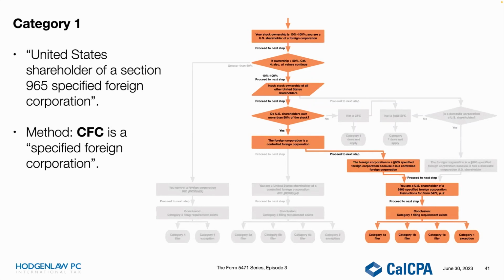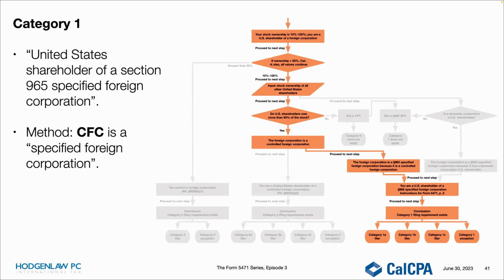So let's look at untangling the mess of qualifying you as a category 1 filer under both of these scenarios. The first scenario is we're looking at you are a category 1 filer because this corporation is a controlled foreign corporation and therefore it is a Section 965 specified foreign corporation. So we start at the top again, with your assumption you own 10% or more, so you're a United States shareholder.